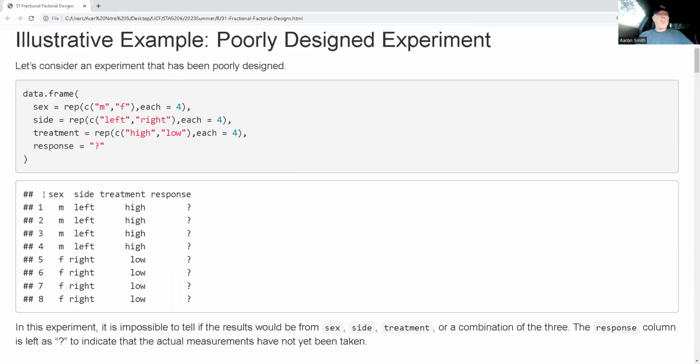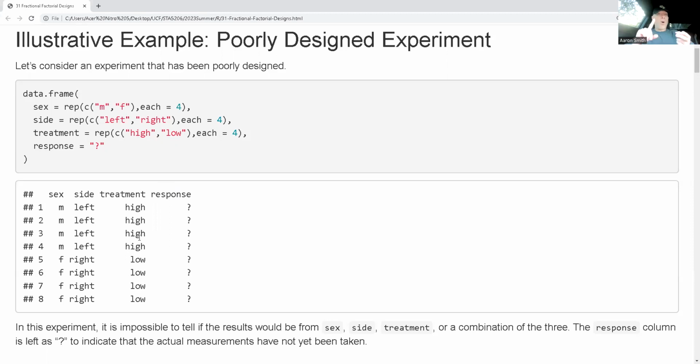My predictor variables for this linear model are going to be sex, side, and treatment. I'm going to collect data from men and women, I'm going to have treatment on the left and the right side, and I'm going to have two levels of treatment, high and low.